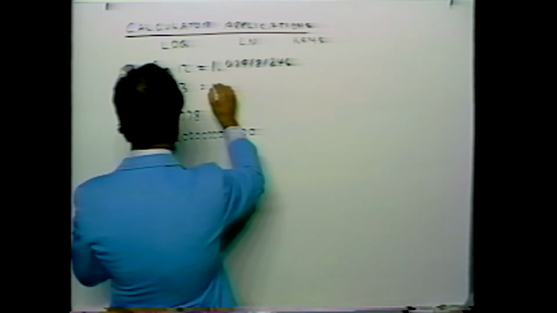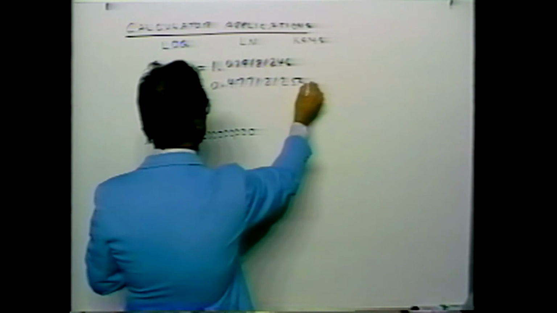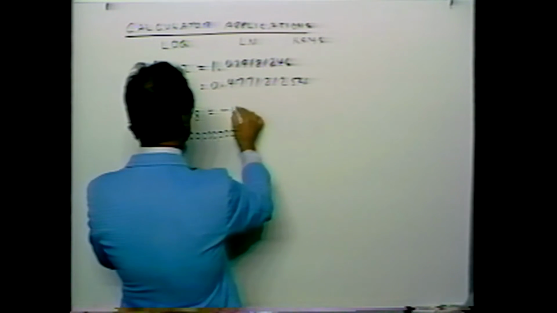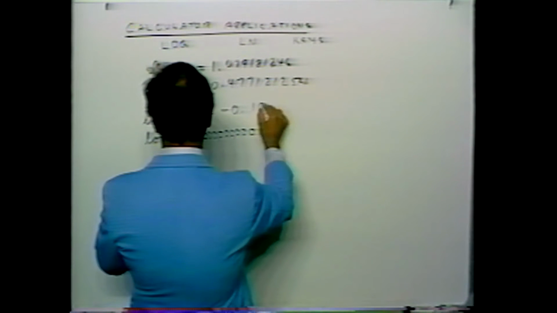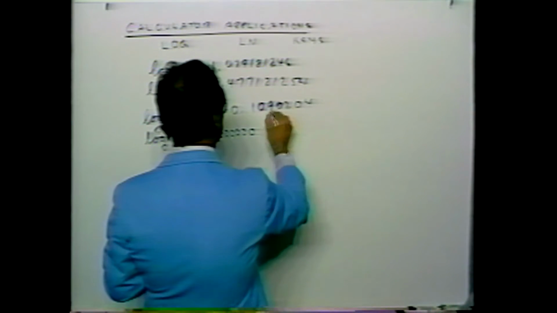The log of 3 is equal to 0.477121254. For decimal 0.778, press log. The answer is equal to a negative number, 0.1090204. Try these on your calculator.